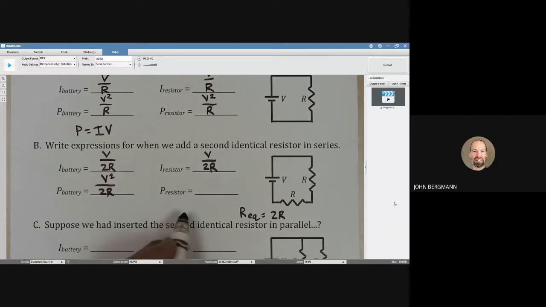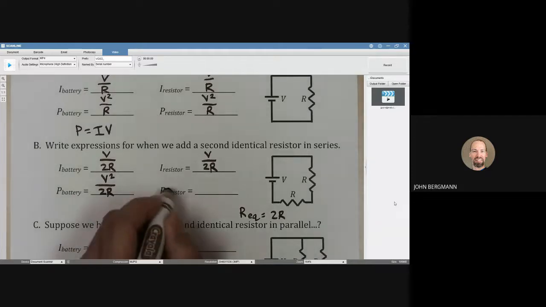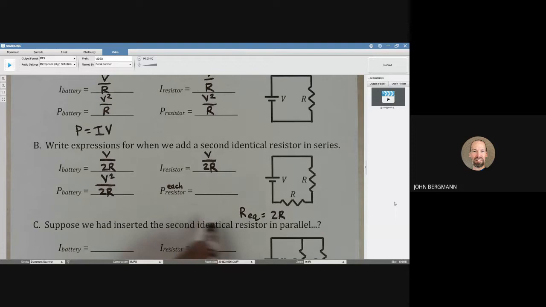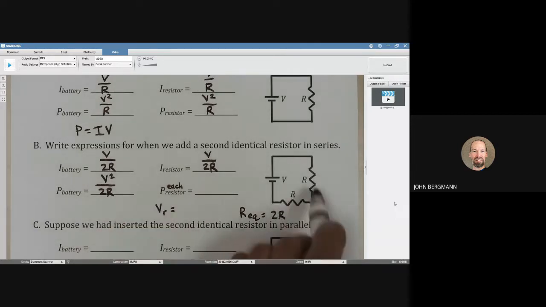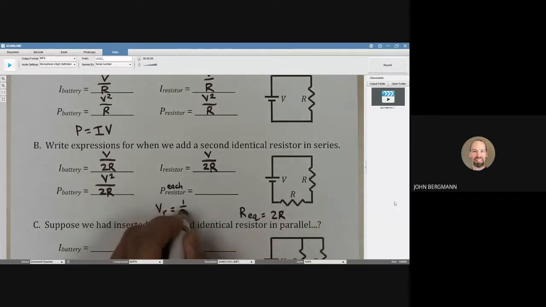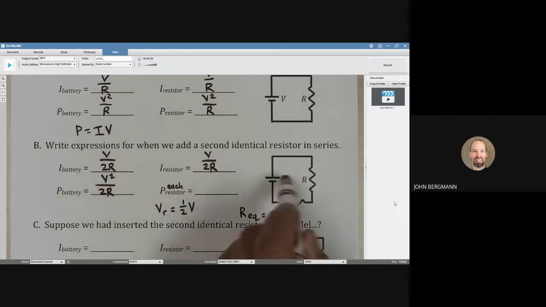What about the power through each resistor? The voltage for each resistor is only half of the voltage of the battery, because the voltage drops halfway and then it drops the other half of the way.